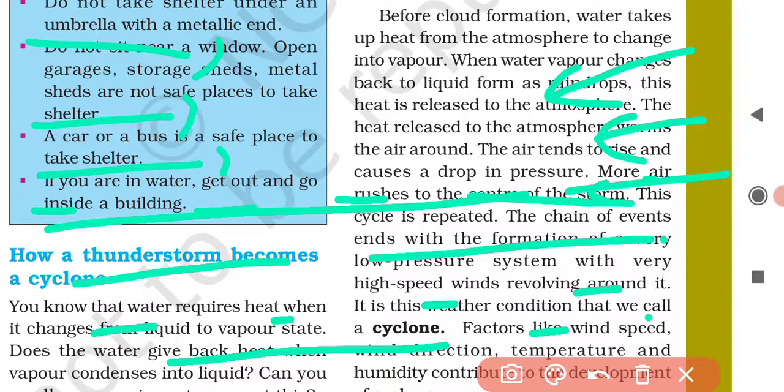The cool air will come in towards the place of warm air to take its place.